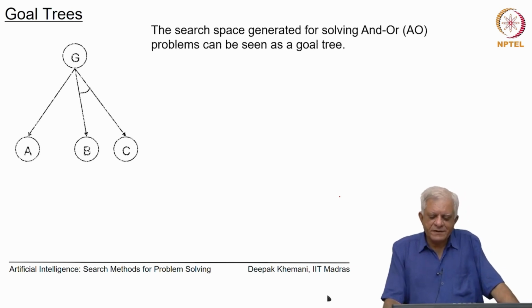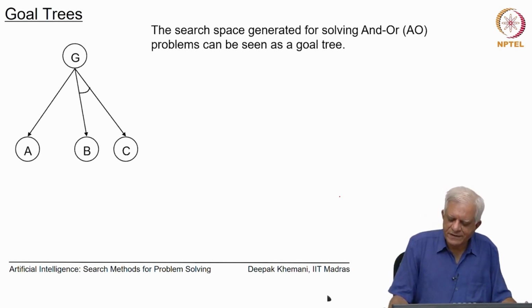So, the search space generated by the algorithm that we are interested in, which will be called the AO algorithm, in fact AO star algorithm, can be seen as a goal tree.